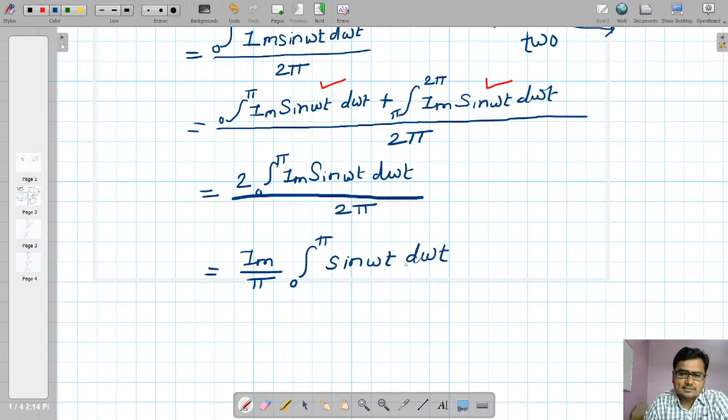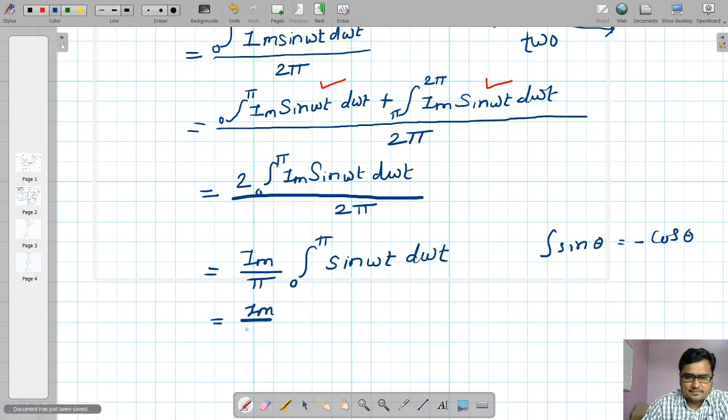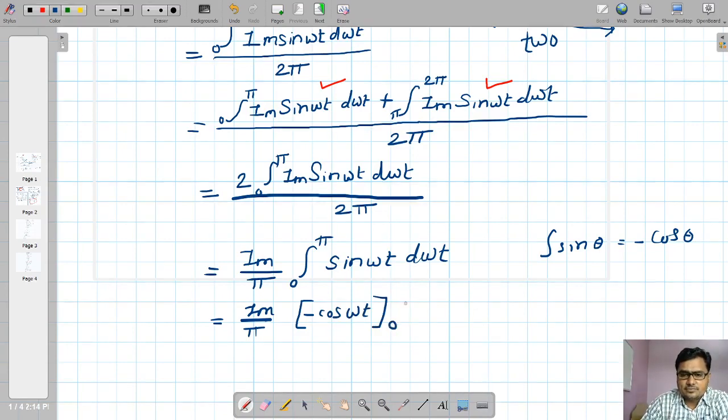What is the integration of sin theta? The integration of sin theta is minus cos theta. This is known, so put it there. Then Im divided by pi times minus cos omega t for the period 0 to pi.